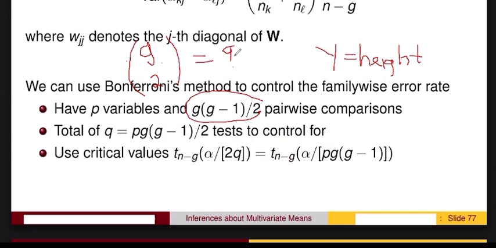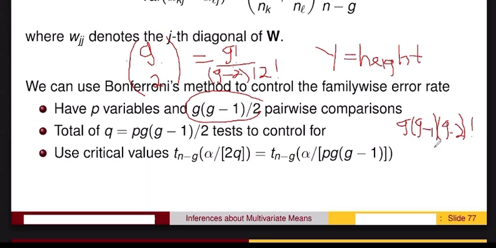That will be G factorial, if you use combinatorial analysis, divided by G minus 2 factorial, then 2 factorial. Now G factorial is the same thing as G into G minus 1, into G minus 2 factorial.